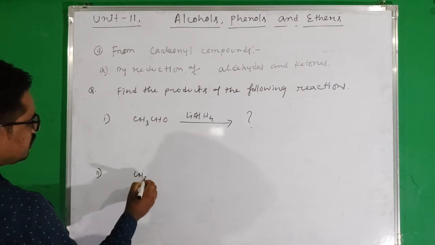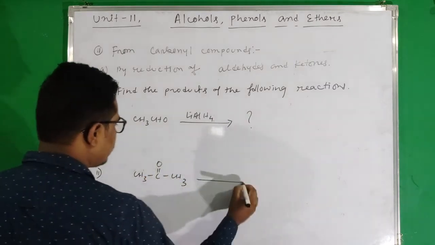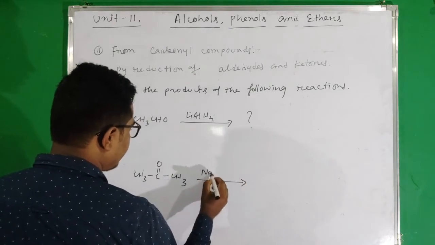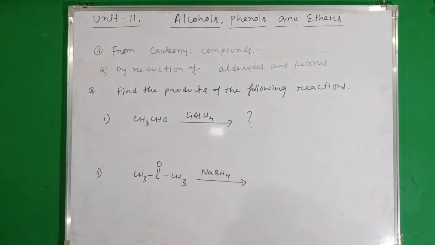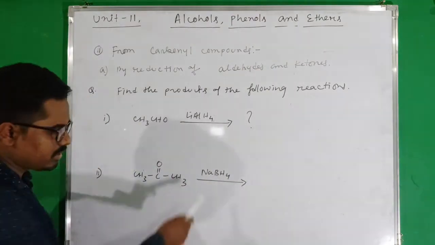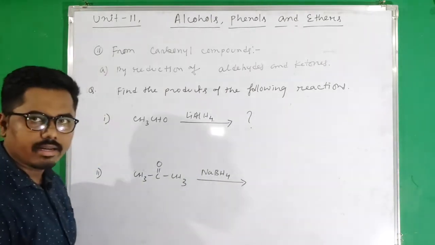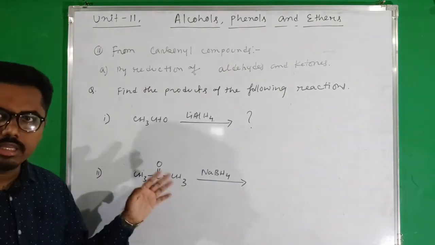Again, suppose we have CH3C double bond O CH3, sodium borohydride, or you can use hydrogen in presence of nickel, platinum, or palladium. Whatever reducing agent you want to use, you can use.